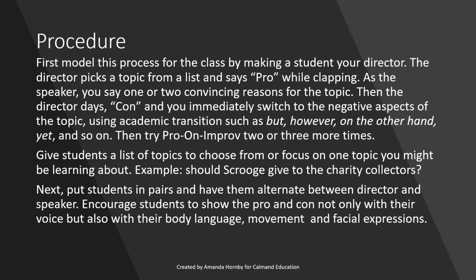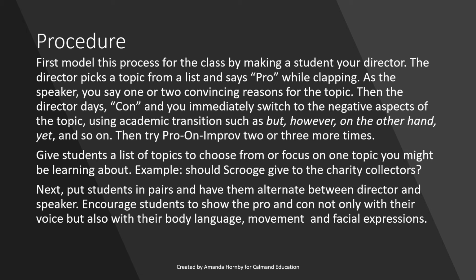So as the speaker, you say one or two convincing reasons for the topic, so the pros for the topic, and then the director claps again and says con, and then you immediately switch to the negative aspects of the topic using the academic transitions such as but, however, on the other hand, and yet, etc. And that helps to improve the mature language and the mature vocabulary of the students.